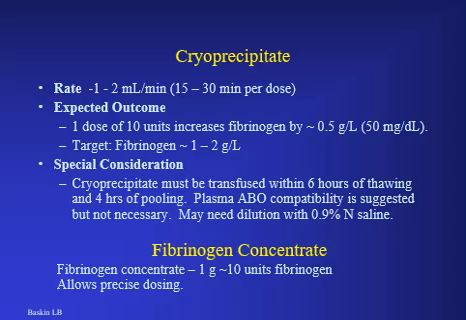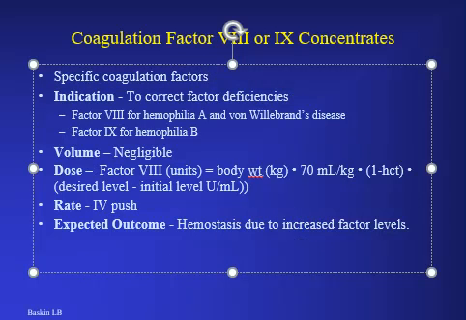So if that's the reason for ordering the cryo today, we recommend use of fibrinogen concentrate, and the trade name the one we use is called Rheostat. I think there are others out there as well. Now, coagulation factors 8 and 9 concentrates are examples of specific factors that can be currently produced by recombinant techniques, and they should be used only to replace specific deficiencies.